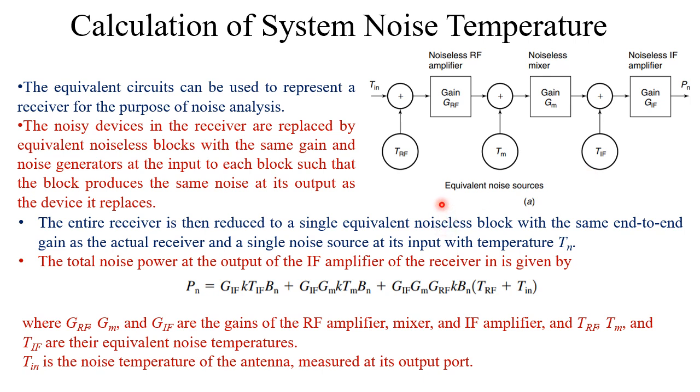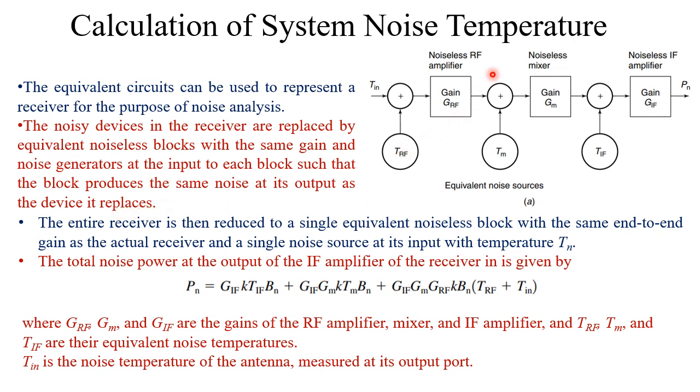Now, if we draw the equivalent circuit of the previous one, then we can draw it in this way. The noisy devices in the receiver are replaced by equivalent noiseless blocks with the same gain and noise generators at the input to each block, such that the block produces the same noise at its output as the device it replaces.